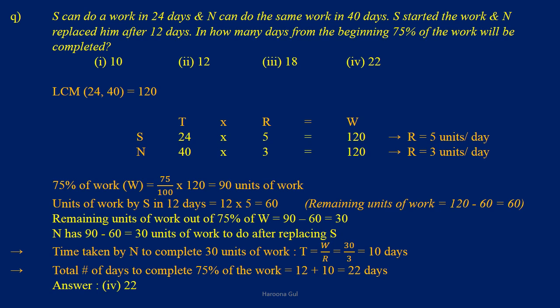Now the time taken by N to complete 30 units of work would be 30 over 3, that is 3 is the rate of work of N. Therefore, the time taken by N would be 10 days, right? So the total number of days to complete 75% of the work would be 12 plus 10, which is equal to 22 days. So our answer choice would be 4.